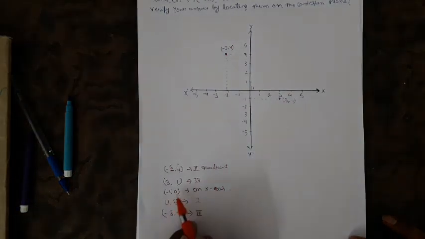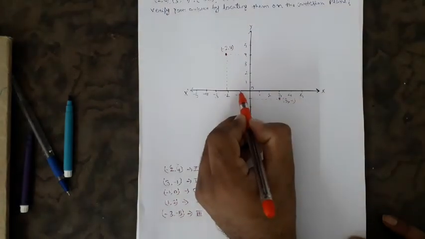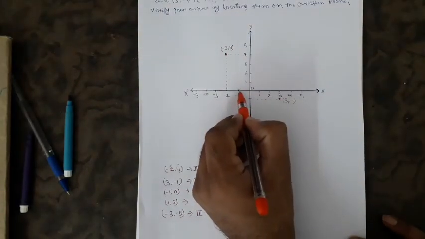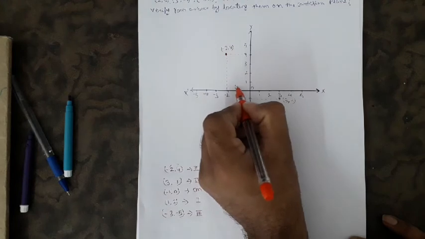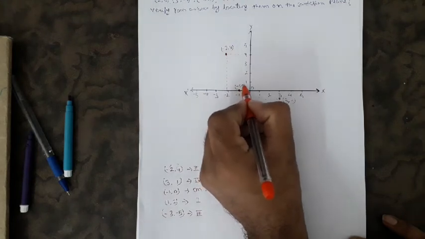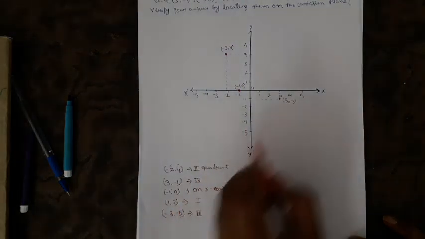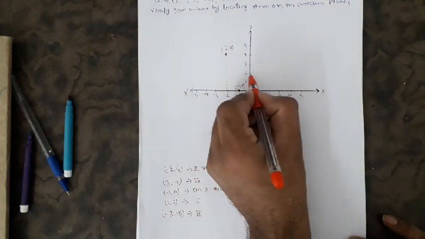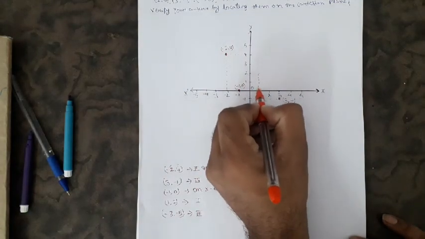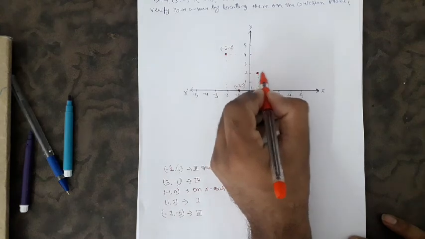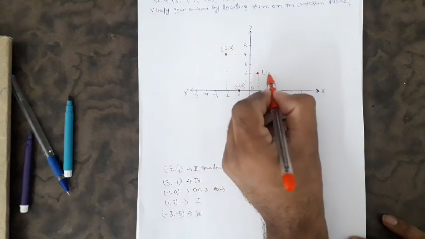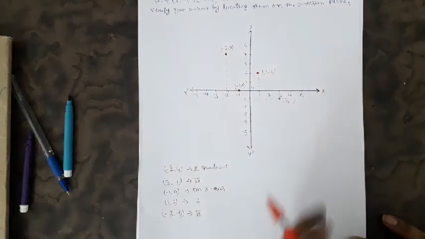Next we have -1 and 0, so -1 here, and y is 0, which means it would lie on the x-axis, it would be the abscissa. Next we have 1 and 2, so x is 1 and y is 2, both will lie in the first quadrant, and it would lie here. It will be the position of this point.